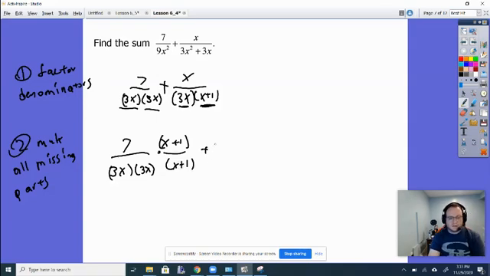For my second term, I have one 3x, but I need two of them, and that's the only thing that's missing from that one. So I want to multiply the second term by 3x over 3x.